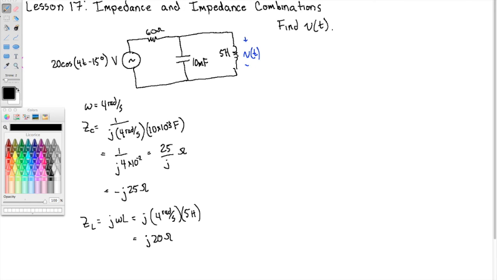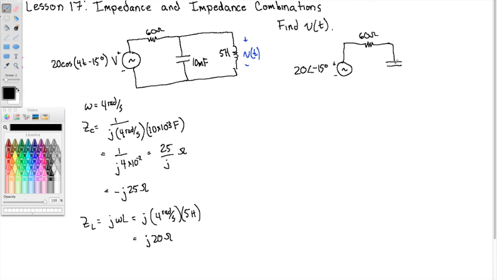And what's the impedance of the resistor? Well, remember, that's just 60 ohms. So now let's transform this into the frequency domain. 20 angle minus 15 degrees. 60 ohms.